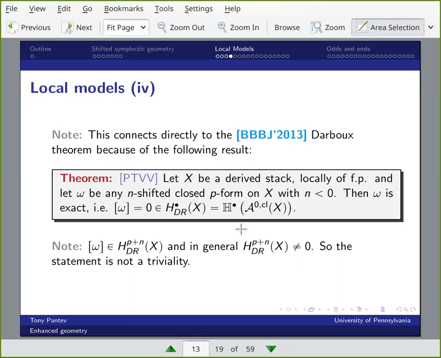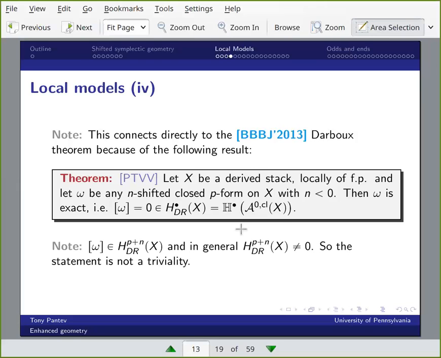I have examples corresponding to derived critical loci, which is just reversing the derived critical loci construction. But then there are interesting examples for twisted cotangent bundles and for integrable systems. I'm not going to go over those.